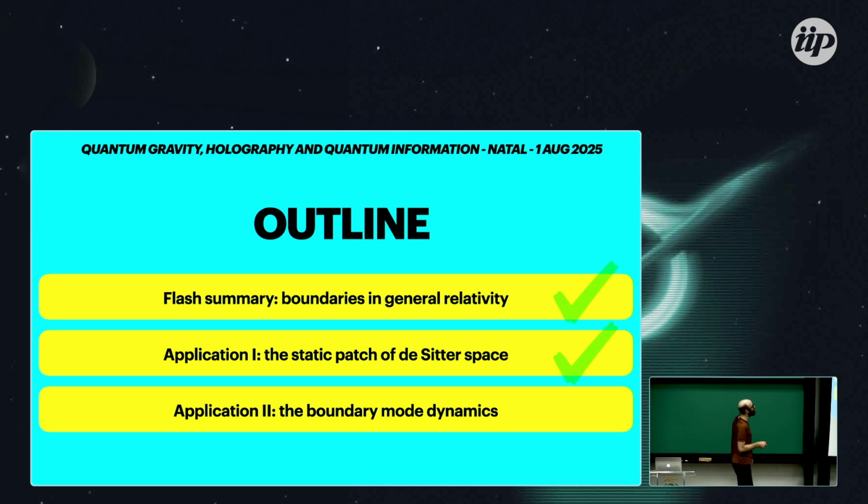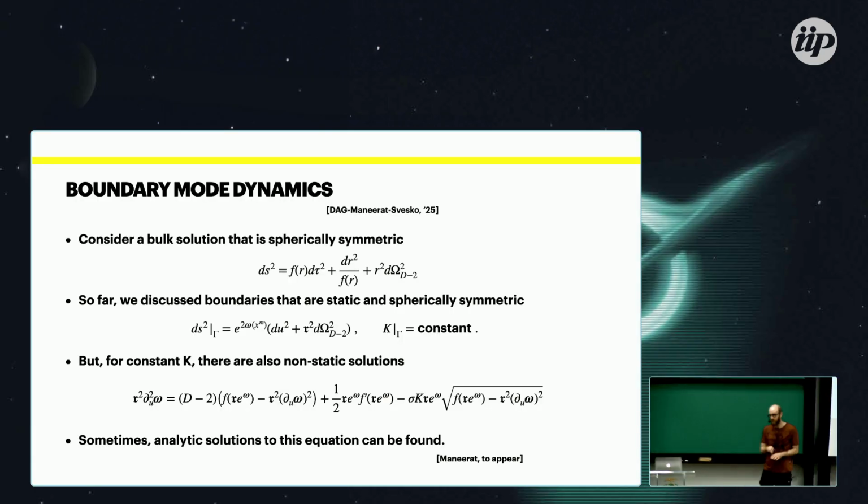So I wanted to tell you a little bit about another application. So far we only considered static and spherically symmetric solutions. But given that now the conformal factor at the boundary is not fixed, we can also consider solutions that have some time dependence on this conformal factor. Okay?